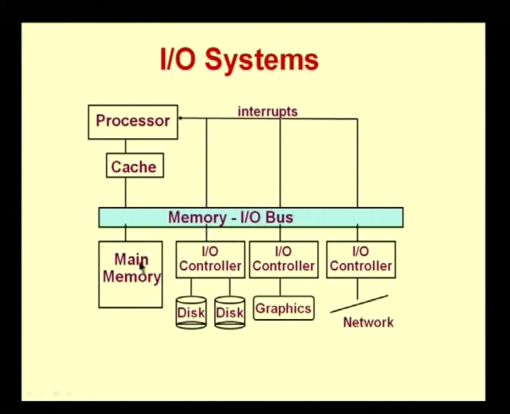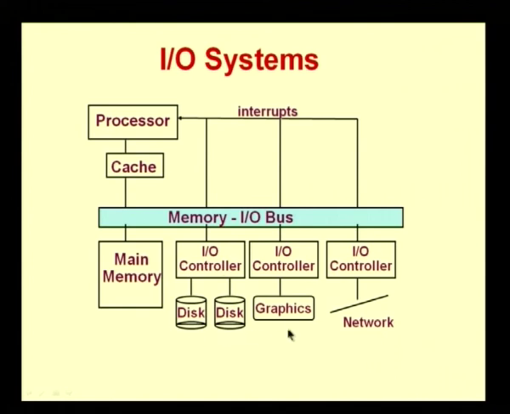So, the memory as well as different I/O devices are connected by means of some interface that we have in between, typically the bus. So, we have this memory and I/O bus which connects main memory and the different I/O devices to the processor and the cache.